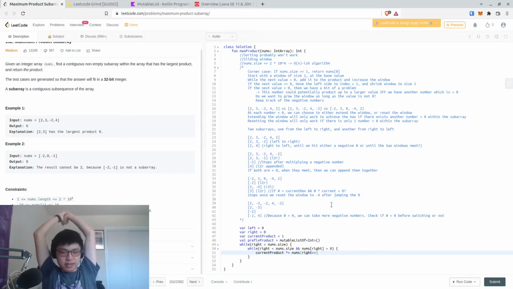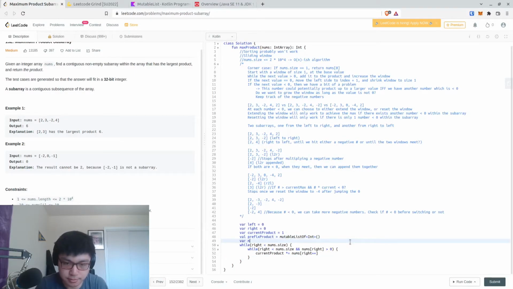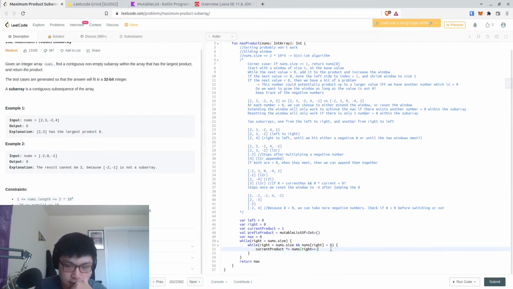So for 2, we will go 2, then 3, then we will hit negative 2, at which point we will stop here. If we do this current product correctly, because it starts at 1, then our nums at right is greater than 0.